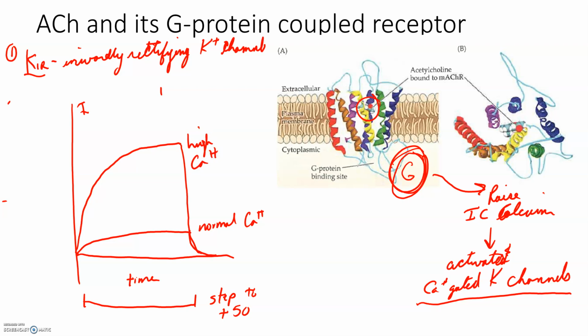Now again, what I drew here is not the current of calcium. This is the normal calcium level within the cell, and this is the high calcium level that's mediated by this G protein coupled acetylcholine receptor. Raising the calcium level means more positive current that flows out of the cell toward EK than at the normal levels. Okay. So the second type of channel here, besides those inwardly rectifying potassium channels, are these calcium activated potassium channels.